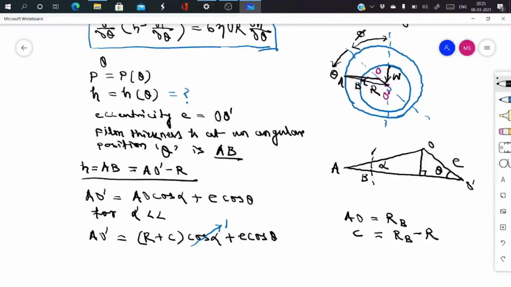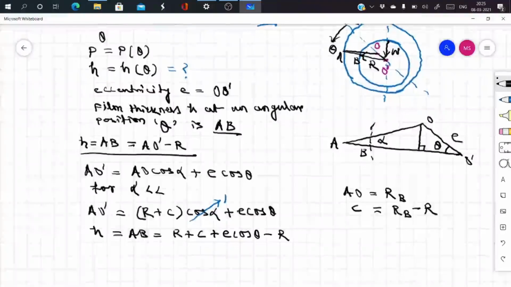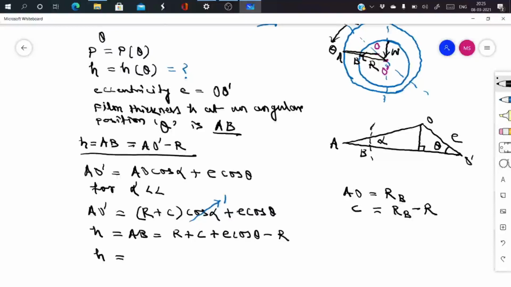Then you will be left with H equal to AB, which is equal to R plus C plus E cos theta minus R, that is AO dash minus R. So basically you will get H equal to C times 1 plus epsilon cos theta. I am introducing a new term, epsilon, here.